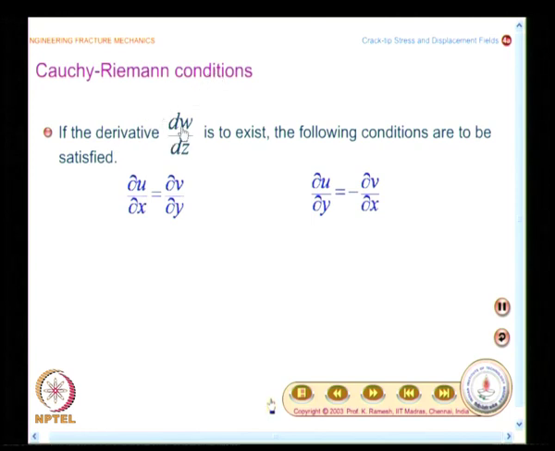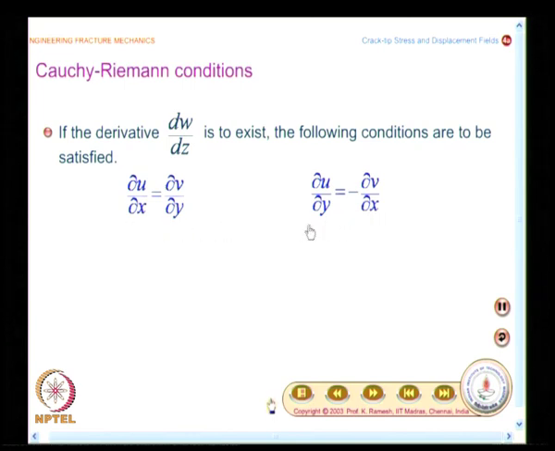If the derivative dw by dz is to exist, the following conditions are to be satisfied: where u is the real part of the function w and v is the imaginary part, dou u by dou x should be equal to dou v by dou y, and dou u by dou y should be equal to minus dou v by dou x.